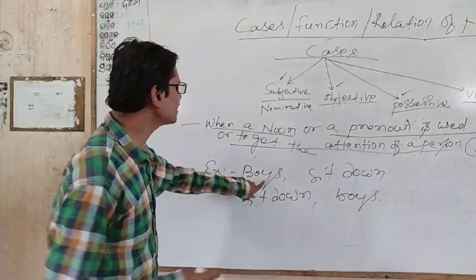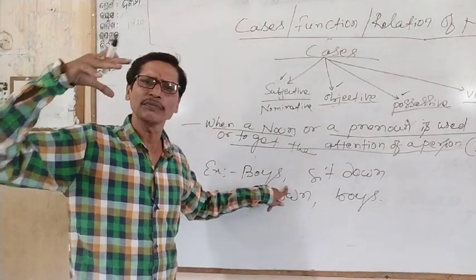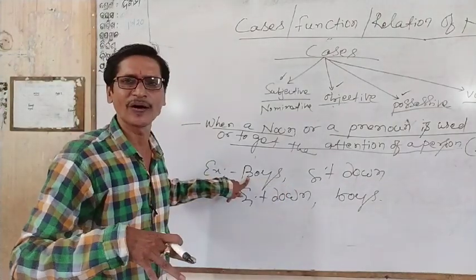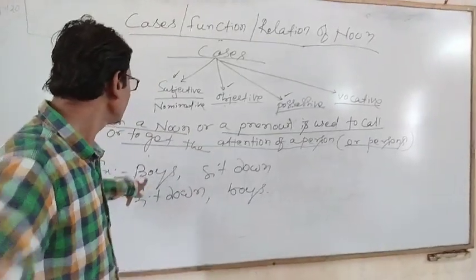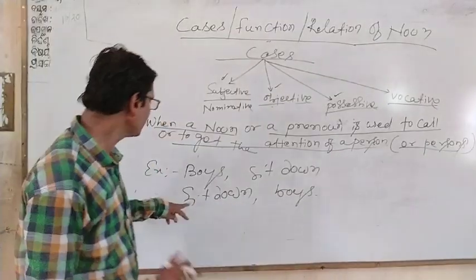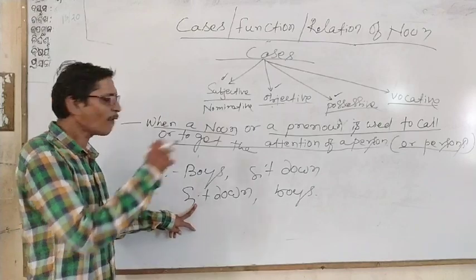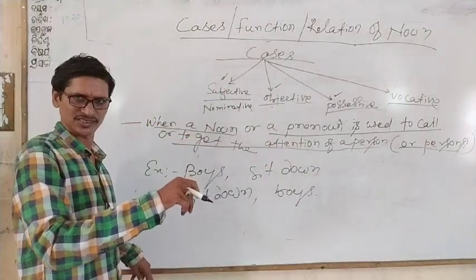After these "boys," we have given a comma to put much emphasis on them, so that we can attract the attention of the boys. Similarly, we can write in either way, both ways. Here we can say "Boys, sit down" or "Sit down, boys."